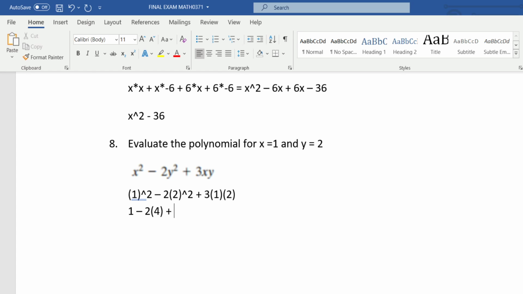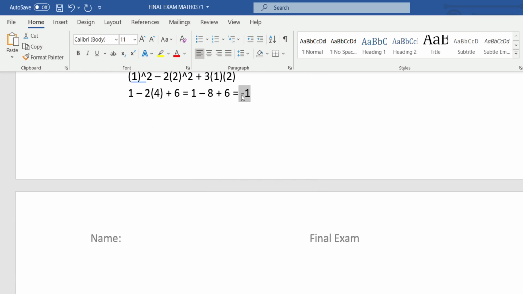And then 3 times 2 is 6, so we're going to have 6 here. So I'll simplify what's left over, so 2 times 4 is 8. So we have 1 minus 8 plus 6. So 1 minus 8 is minus 7. Minus 7 plus 6 is minus 1. So final answer is minus 1. And that's it. So minus 1 is your final answer.